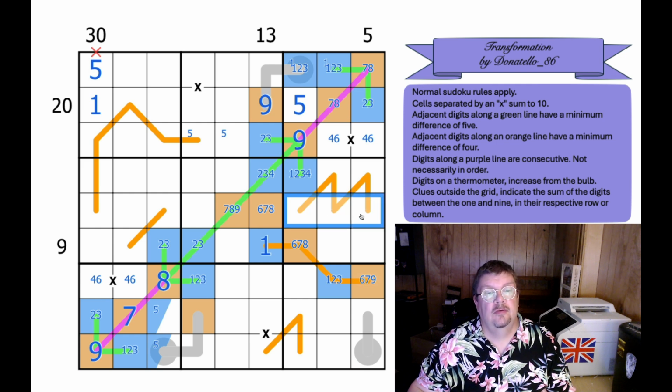So the question is, can I put 5 in here? Because if I can't put 5 in here, then these must be low.